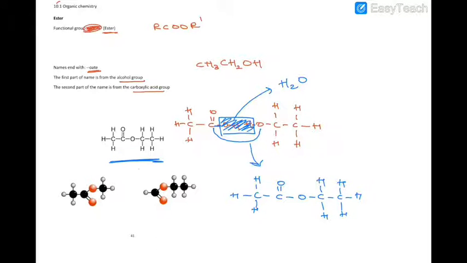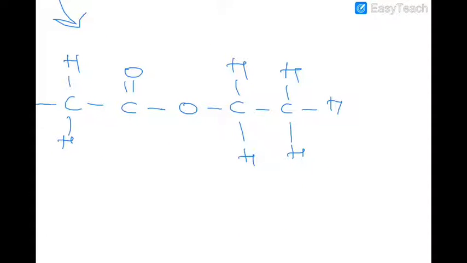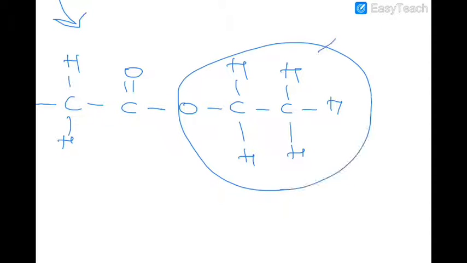So an ester contains 2 parts, an alcohol part. So you spot the single bond O first. Whatever part is attached to the single bond O, this is from the alcohol part.